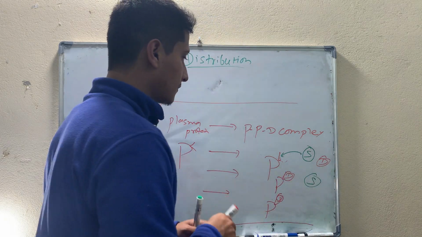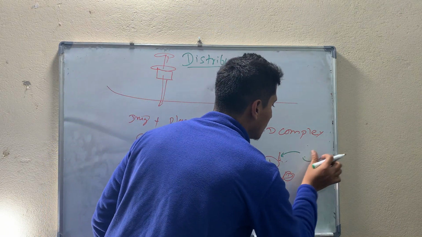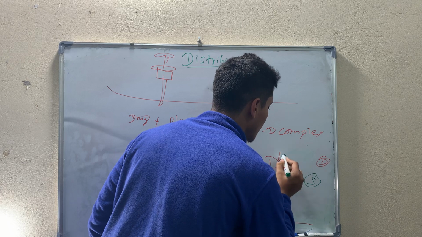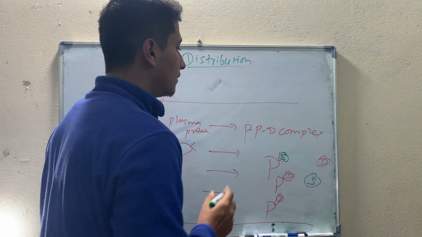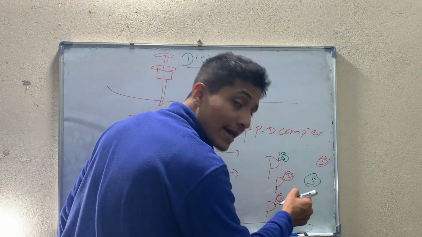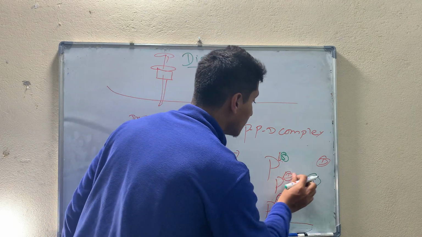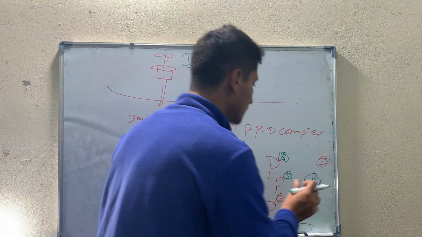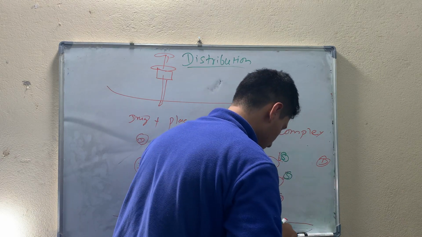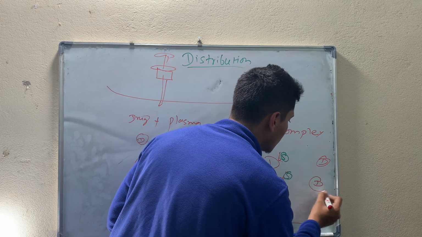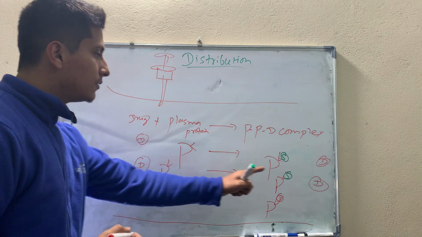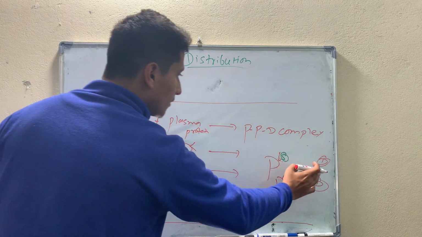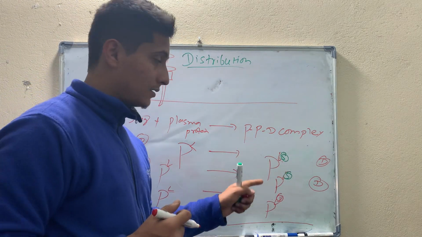Now the S drug will go and sit in the plasma protein. The same way, another S drug will sit in here. Now the drug has been displaced. Let's make it red. You see here? The drug was attached to the plasma protein previously, right?